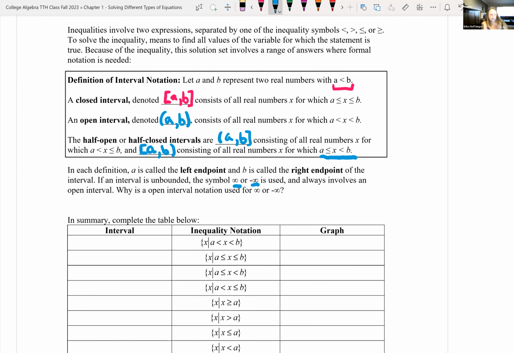This always involves open intervals. Why? Because when we're going off to infinity or negative infinity, we're not stopping at one value that's included. It's continuing to grow, so we're not including a particular number there.